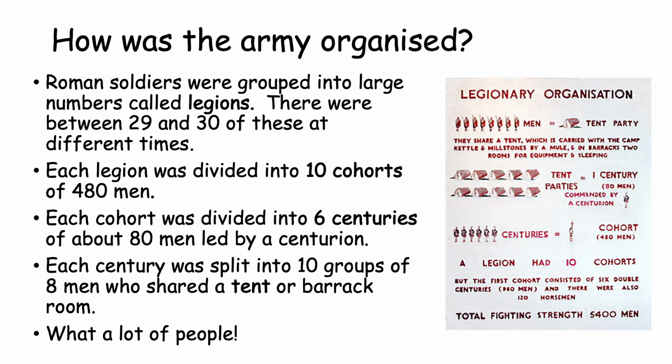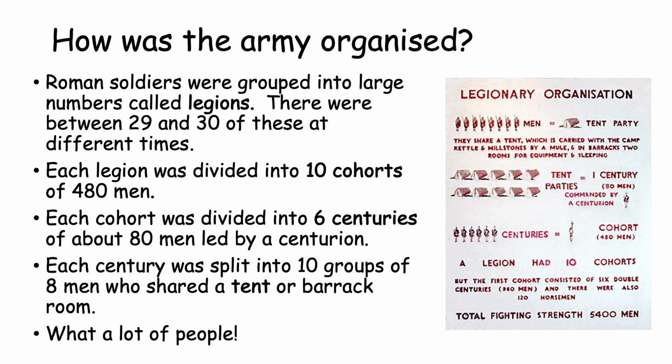So how was the army organized? Roman soldiers were grouped into large numbers called legions. There were between 29 and 30 of these at different times. Each legion was divided into 10 cohorts of 480 men. So a legion was divided into 10 cohorts, and one cohort was 480 men.